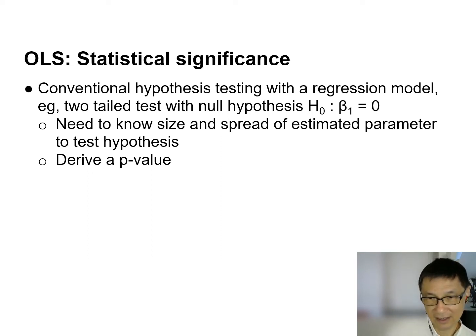How likely is it that when we say that we reject the null hypothesis, we're not falsely rejecting it? And this we gauge by two basic estimates. One is the size of the parameter estimate, how large is the estimated value of beta subscript 1, and the other is how dispersed the possible estimates of beta subscript 1 are. So one is the mean and the other is the standard error. And from them we compute a statistic called the p-value.